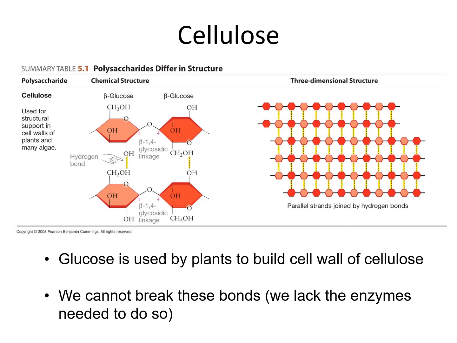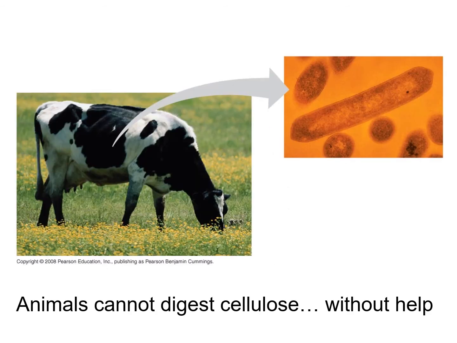Really, really strong structurally. We can build houses out of it, but we can't eat it. But it's pretty amazing to think that it is glucose. I mean, if you go lick a tree, it doesn't taste sweet, but it's all glucose, forming this really, really tough wood. Some animals can take cellulose and break it down and get nutrition from it, but in all cases, at least all the ones I can think of, it's not actually the animal that's doing it, it is a microbe in its gut.